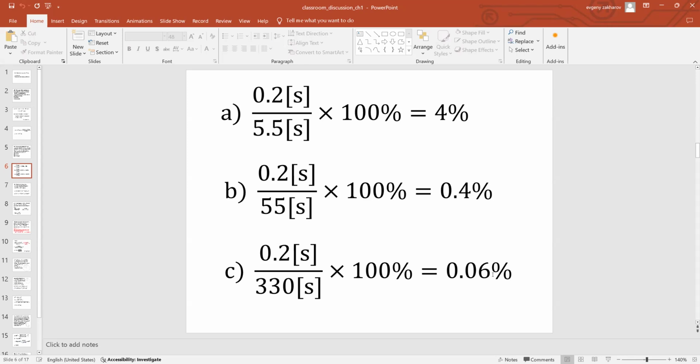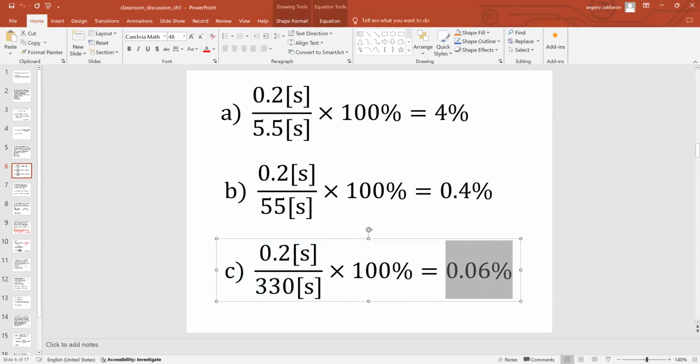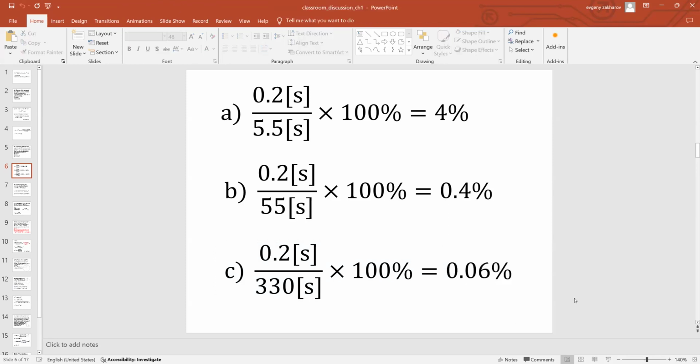So that's what the calculator shows. And with one sig fig, you just have 6, and that's it. If you want to round it to 0.1%, that's fine. You can do it. Hopefully that answers your question.